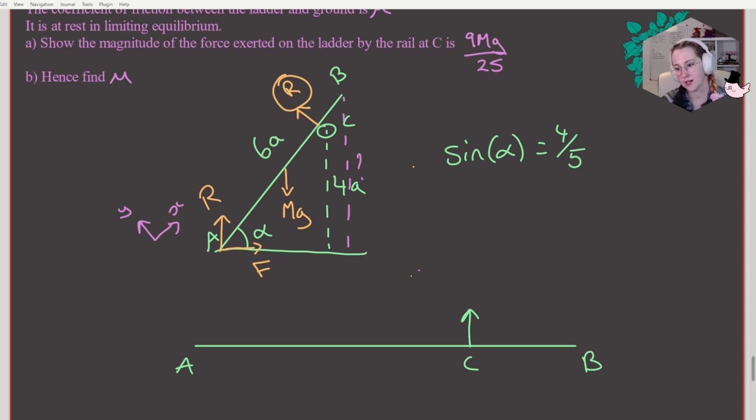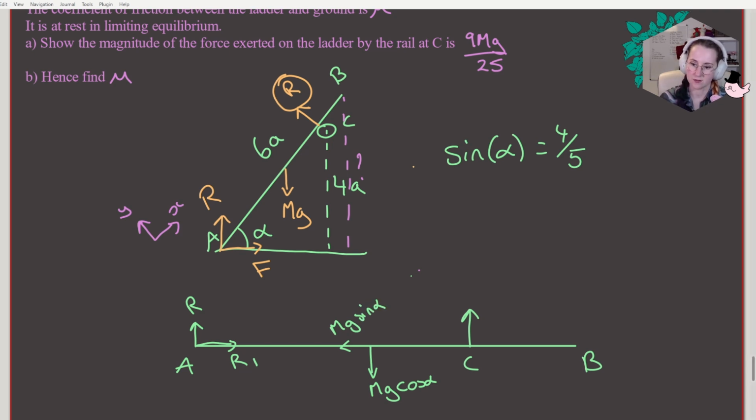We have, at some point here, a contribution downwards and a contribution inwards. And here we have a contribution upwards and a contribution inwards of R. And then this is mg cos alpha. This is mg sine alpha.